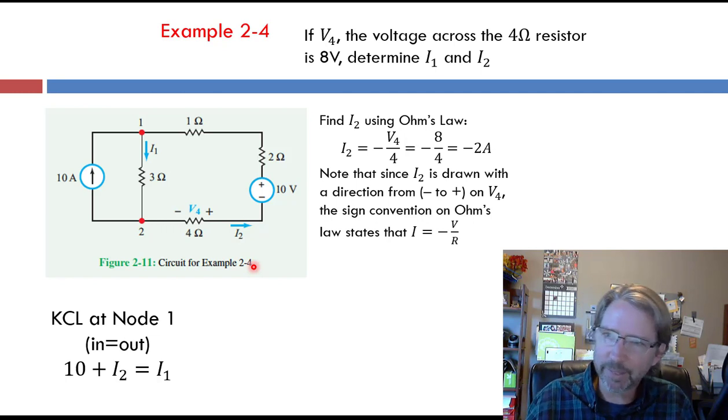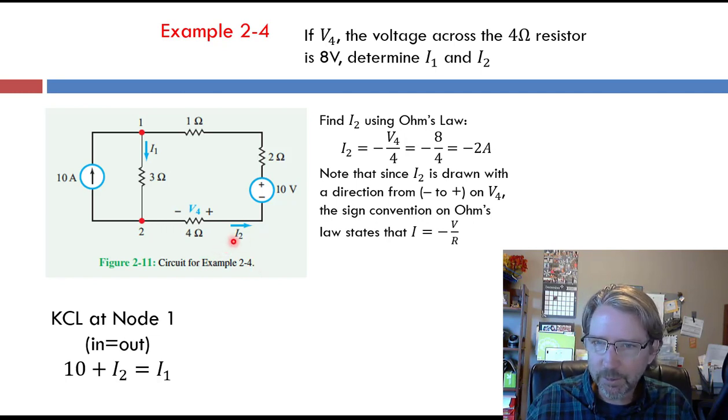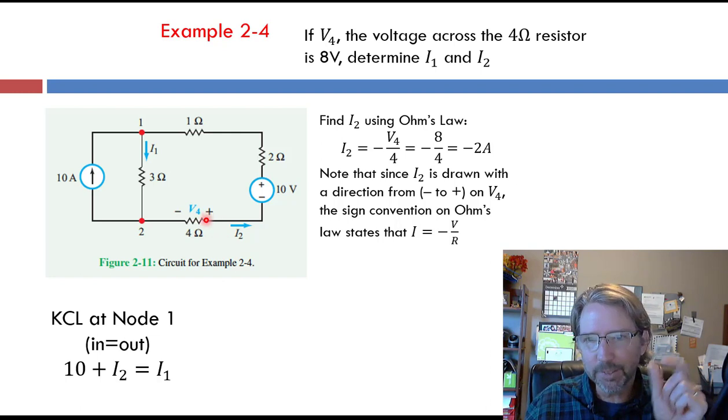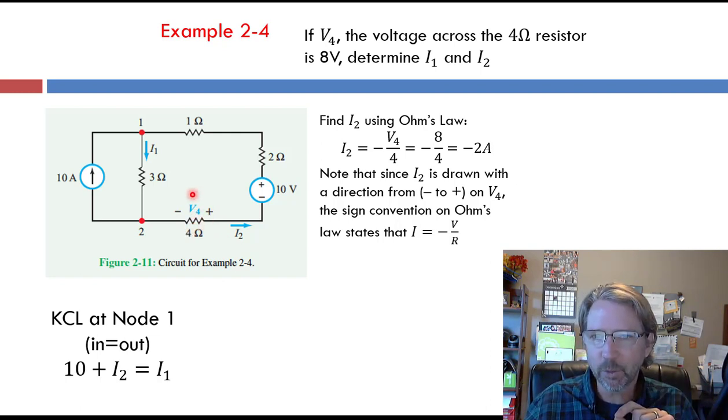If we try a few things, we have I2 here, and we know the voltage across this 4 ohm resistor. So we can calculate I2 using Ohm's law and the known voltage. But be careful here because I is V over R. Everybody knows that. But notice the sign. I2 is drawn from minus to plus. So that's the backwards of our normal sign convention for Ohm's law.